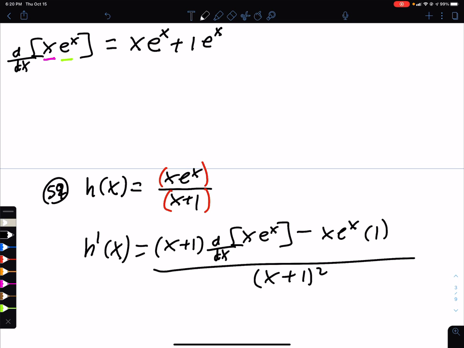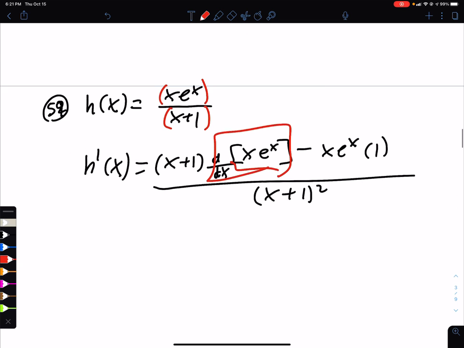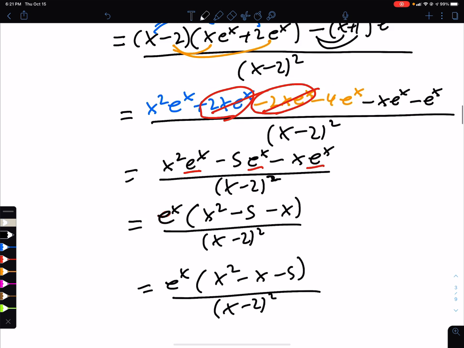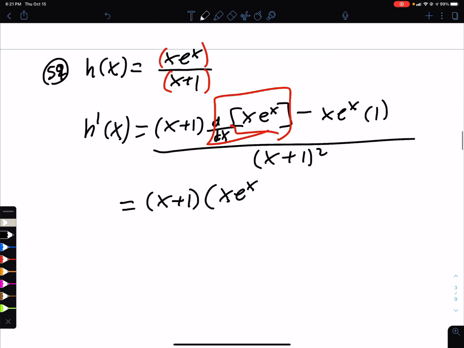So I'll replace this with that. So my next line will be x e to the x plus e to the x, and minus x e to the x.